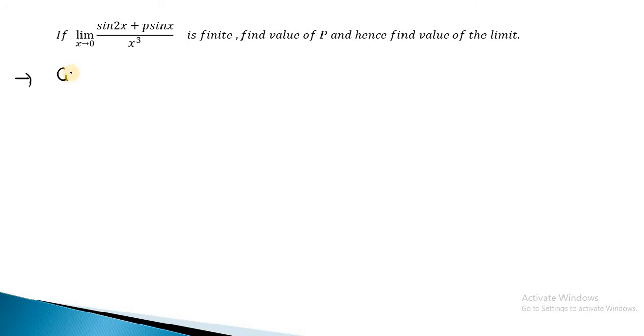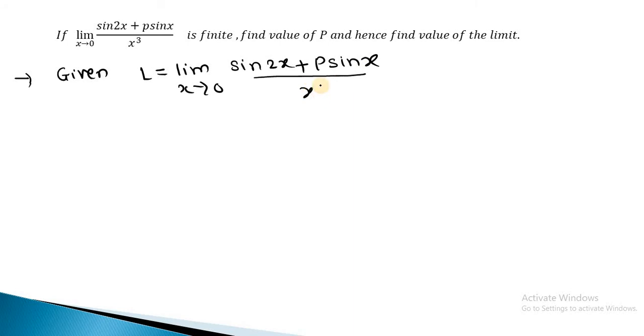So limit L is given as limit as x tends to 0, sine of 2x plus p times sine of x divided by x cube. Okay. So if I substitute x is equal to 0 here, and what is given, another thing, this L is a finite limit. So we have to find out this value of constant p and then value of limit also.